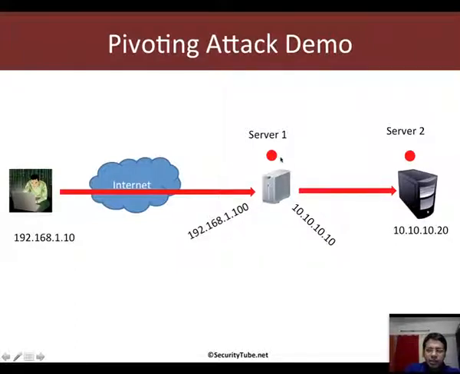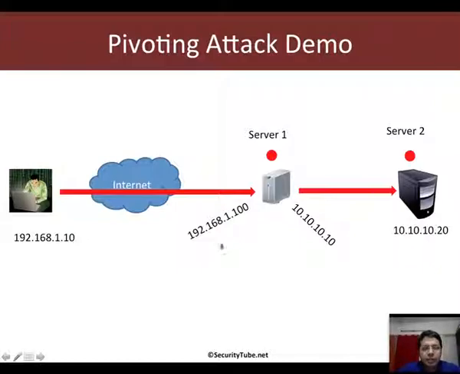Server 1 is multi-homed and has another IP 10.10.10.10, which is connected to server 2 at 10.10.10.20. The whole idea of this exercise is to first break into server 1, create a pivot to allow the attacker to channelize all his attack traffic to server 2, and then finally break in here.